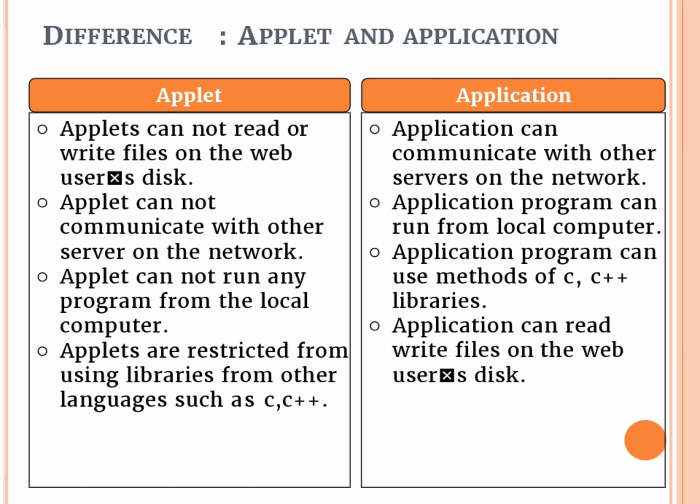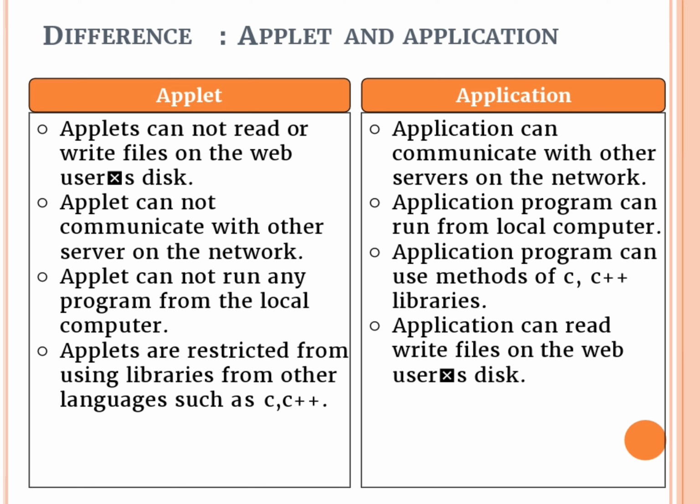The next point is that applets cannot communicate with other servers on the network. Applets cannot communicate, but applications can communicate with servers on the networks. This will be covered in the upcoming classes.